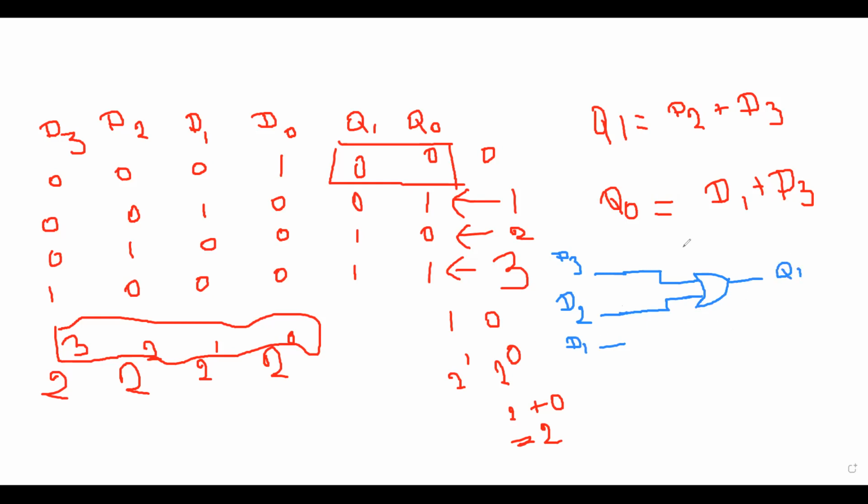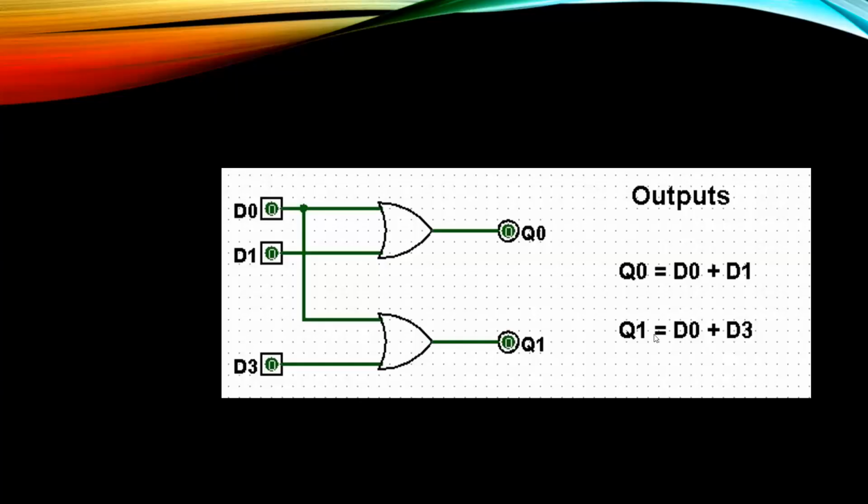And for Q0, D1 plus D3. So it is Q0. So this is the circuit diagram for the encoder. You can see it here also.